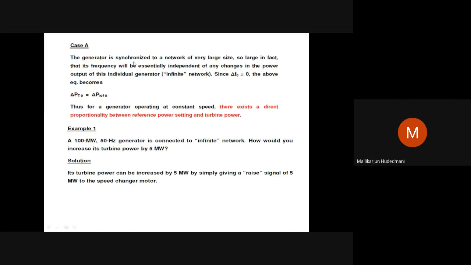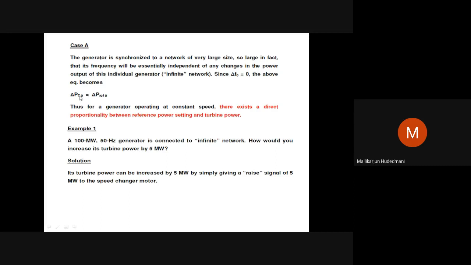A generator is assumed to be synchronized to a network of a very large size. It's infinite, so the frequency will be essentially independent of any change. If the output of an individual generator is connected to an infinite network, since delta F is 0, the deviation is 0, it becomes whatever reference you set for the turbine.